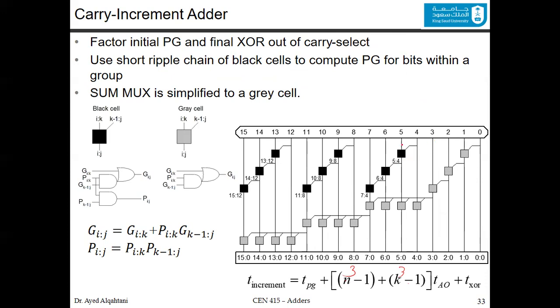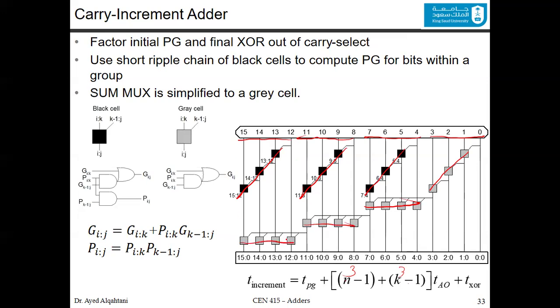If this is 4 bits, you have 3 black boxes. 4-bit, 3 black boxes. 4-bit, 3 black boxes. Also, since this is 4-bit, you have 4 boxes here.